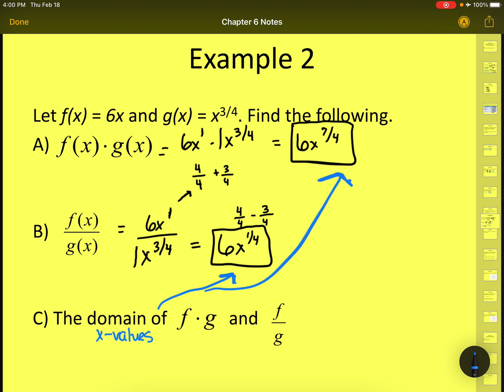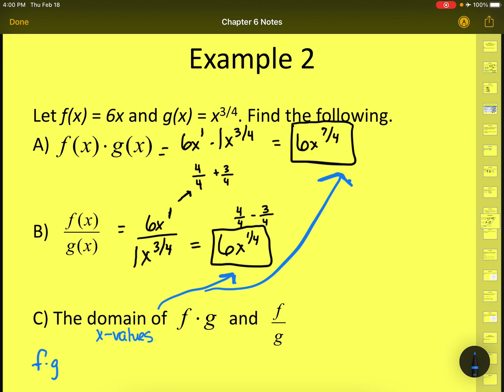Well, let's start by looking at f times g, or resulting function 6x to the 7/4. Well, if I plug any negative numbers in there, I'm going to get an error in my calculator. If I plug in 0, I'm going to get back 0 out. And if I plug in any positive numbers, I'm still going to get some kind of positive number.